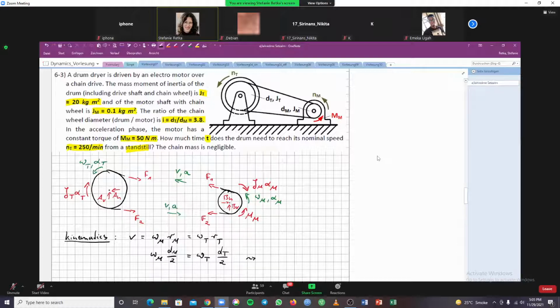And now I rearrange the equation to dt over dm, the diameter of the drum over the diameter of the motor, which is equal to omega m over omega t.